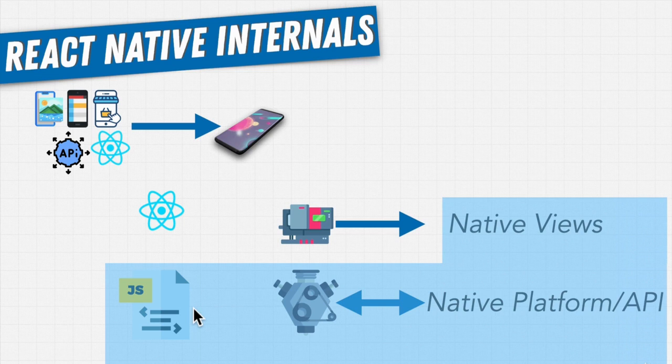And the JavaScript says, well, because Timmy over here pressed this button, display this. So the instructions and communication happens back and forth on the phone between the main thread and the JavaScript thread. So the JavaScript thread runs all our business logic with React Native. How cool is that?